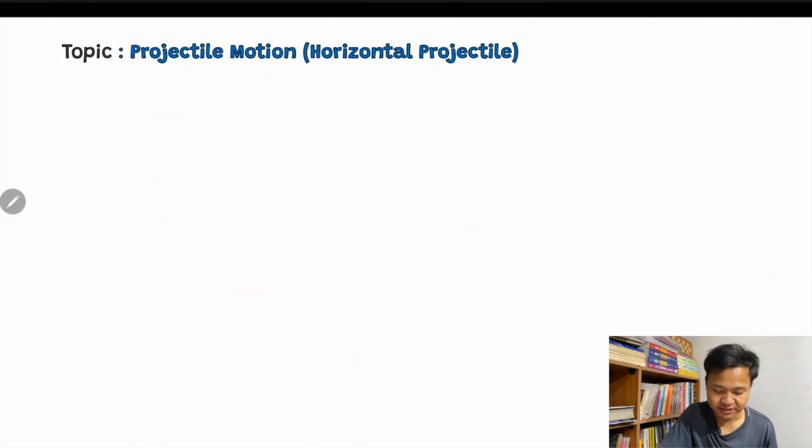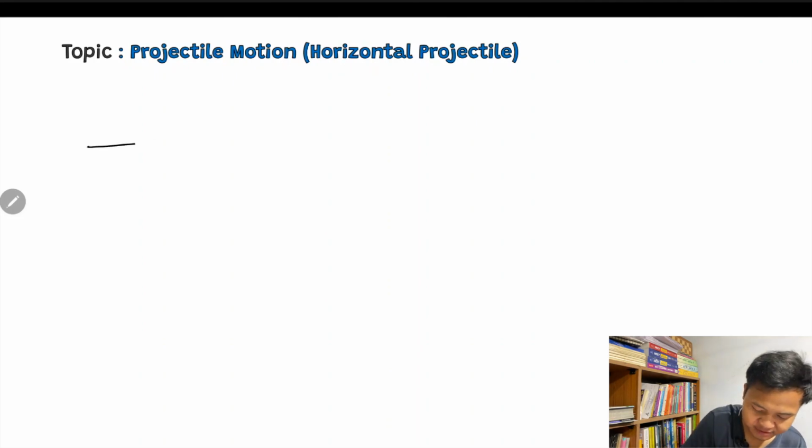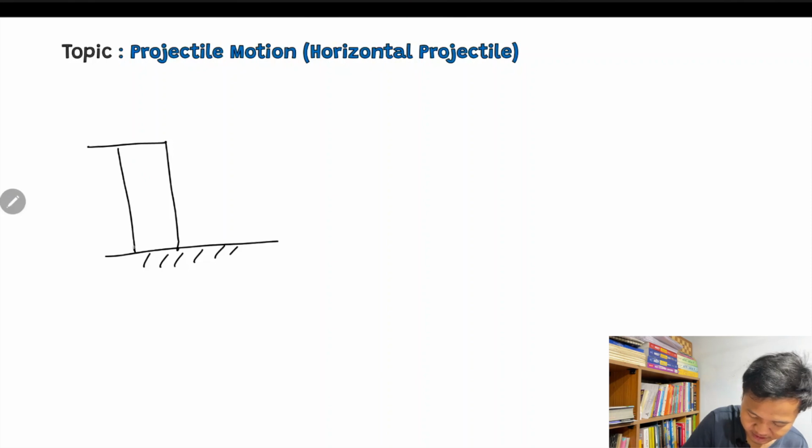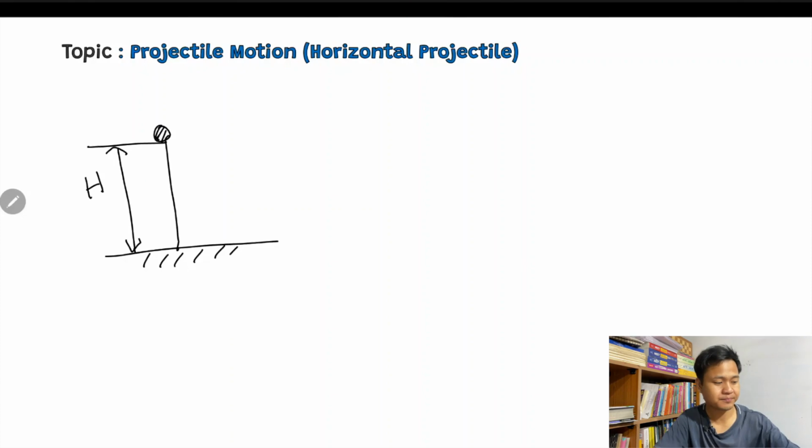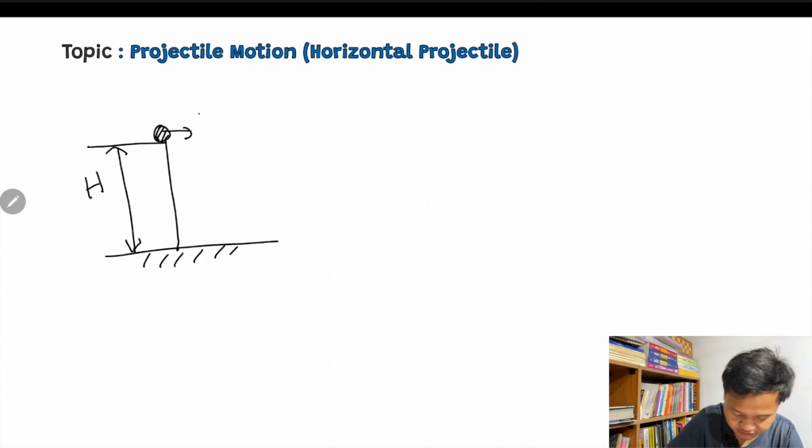Next topic is horizontal projectiles. Suppose from the top of a tower of height h, a particle is projected horizontally with some initial velocity u.